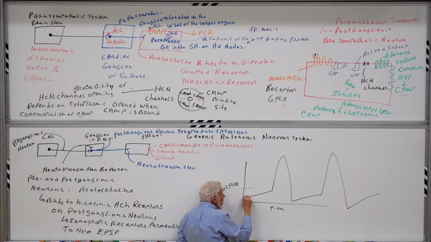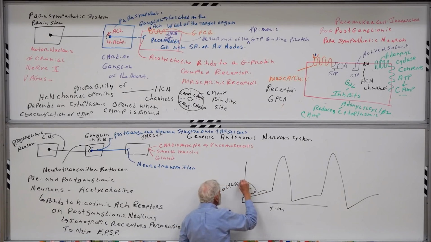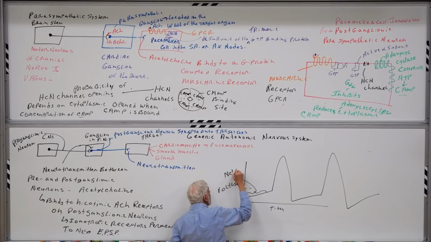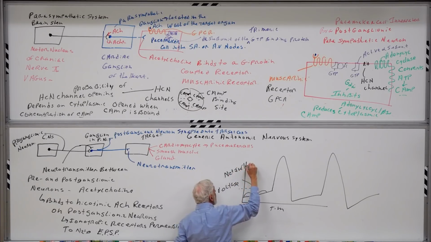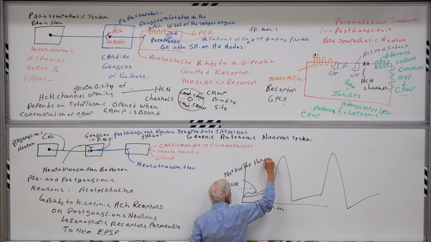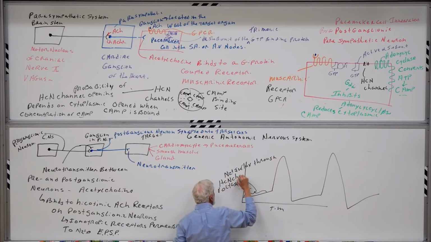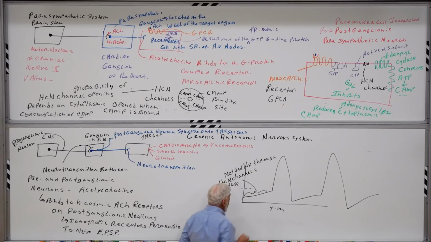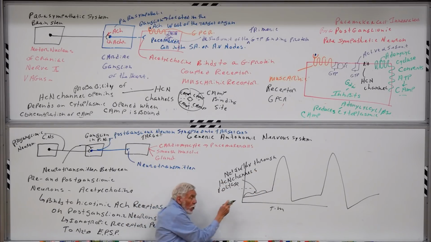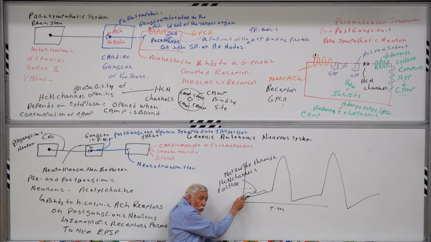This depolarization is dependent upon sodium influx through HCN channels. So if we increase the rate of HCN channel opening, we're going to let more sodium in.